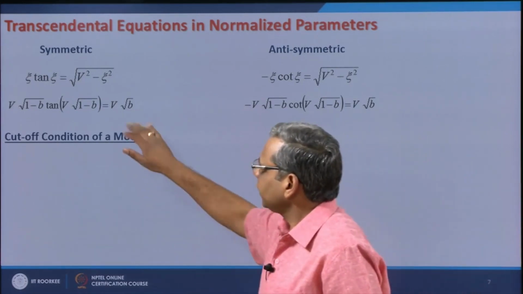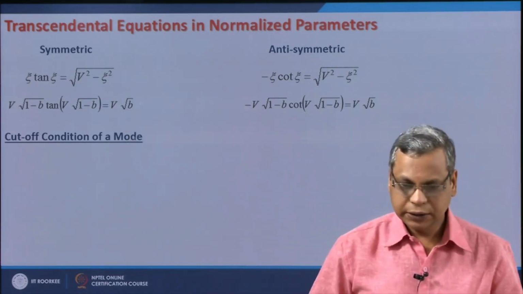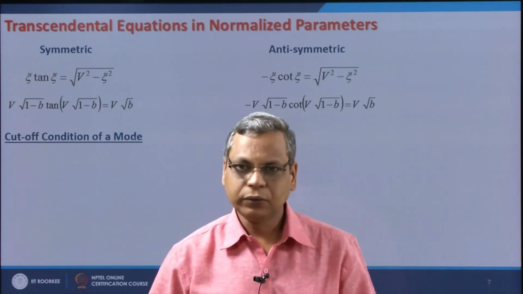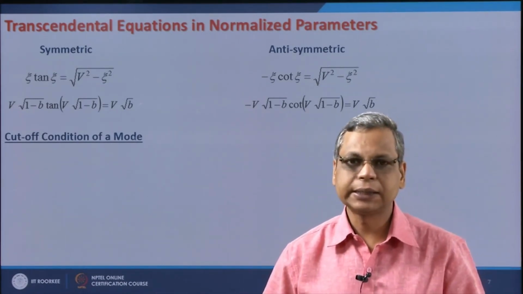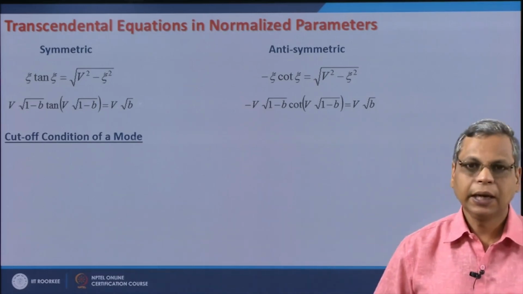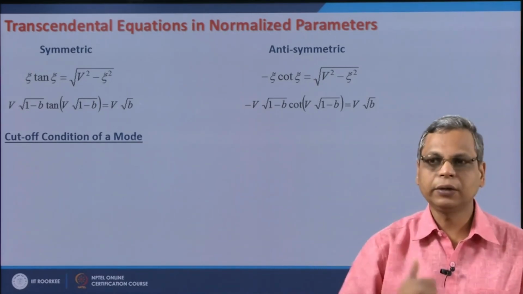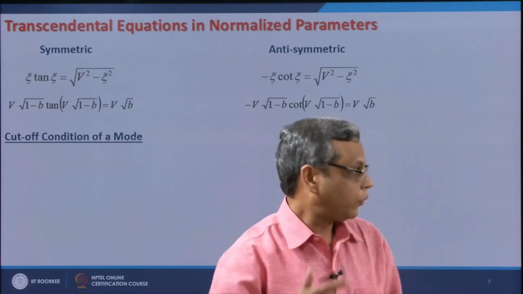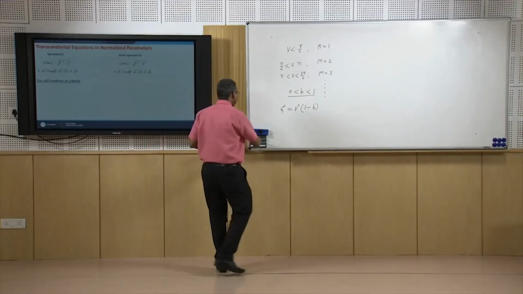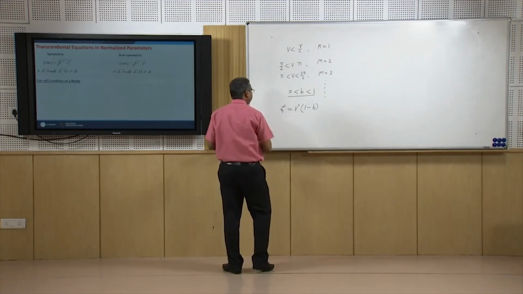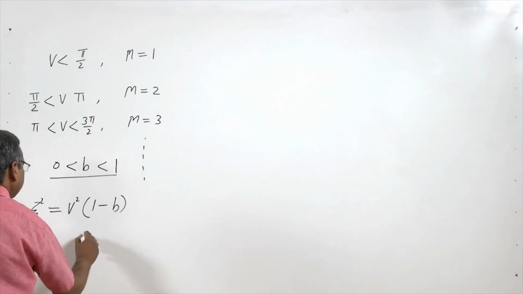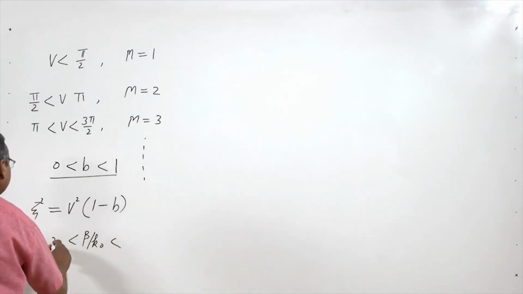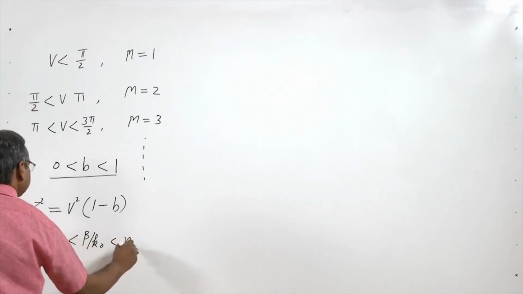From here I can find out the cutoff condition of a mode. A mode is said to be cut off when its propagation constant approaches k naught n2. I know that for guided modes, n effective, or beta over k naught, lies between n2 and n1.